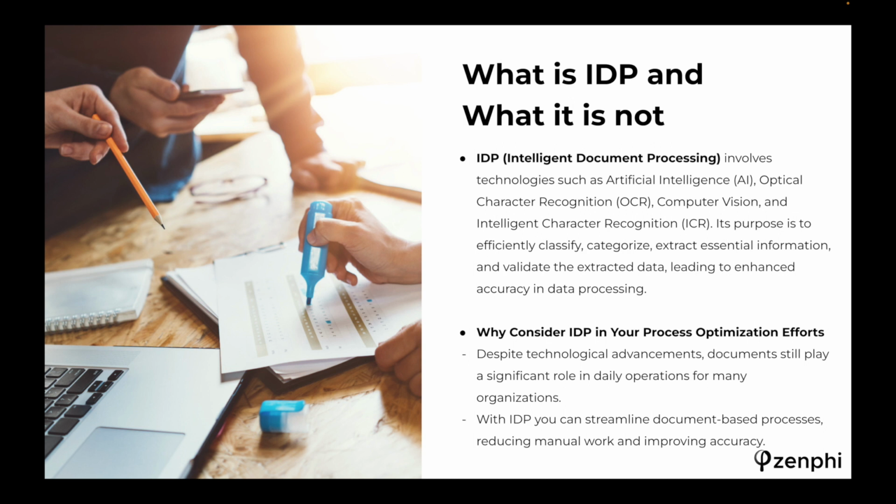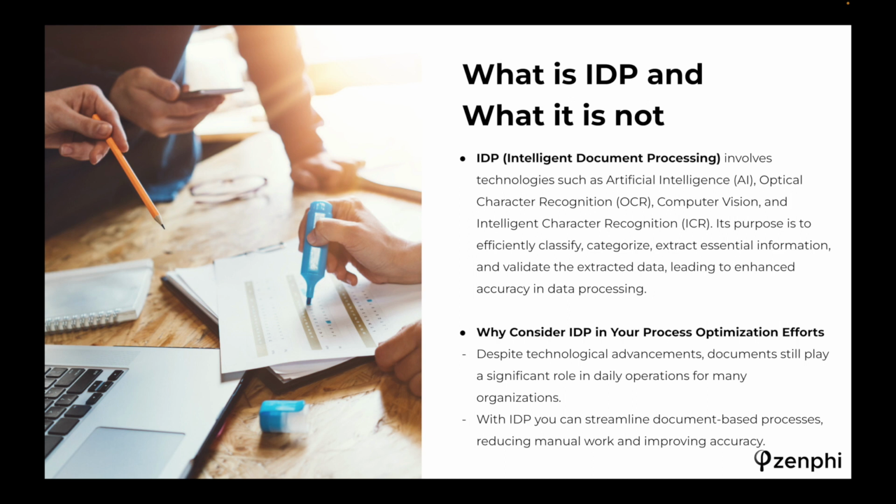For example, you can give an invoice to IDP, and it will extract information like invoice ID, purchase order number, or the supplier name to you, irrespective of the invoice structure and irrespective of what they may be called. Like purchase order number may be called PO on one invoice structure, and the other one may be called purchase order.